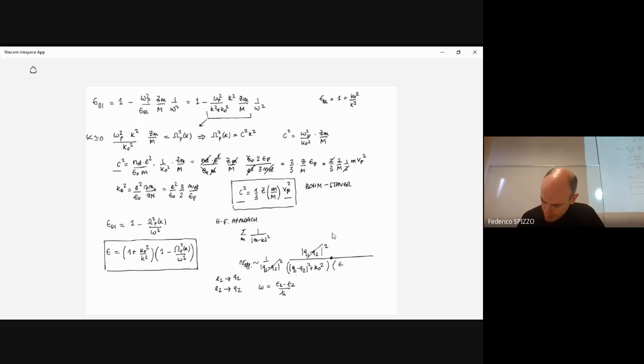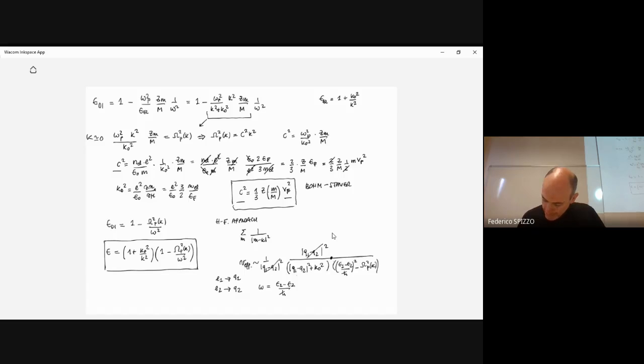So at this point, the conclusion is that here we need to consider the energy of electron 1 minus the energy of electron 2 divided by h bar, and this is squared, minus the square of the plasma frequency of the dressed ions.